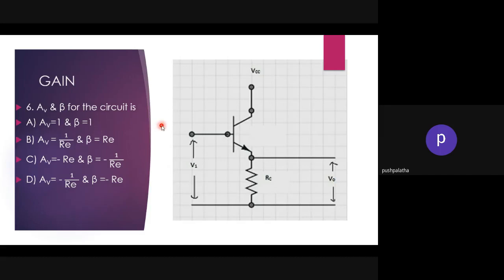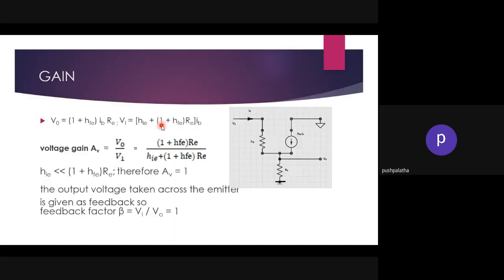Now, let me go for the calculation. See, here I have redrawn the circuit with RE. V naught equal to (1 plus HFE) IB into RE. Okay. What is this here? Your IE is equal to IB plus IC.